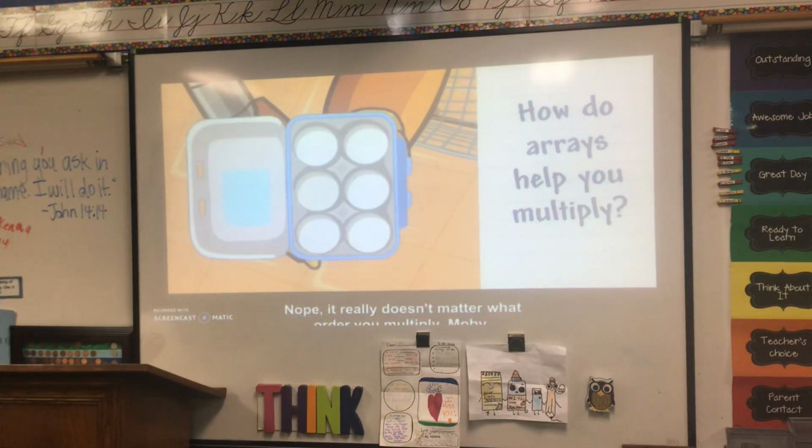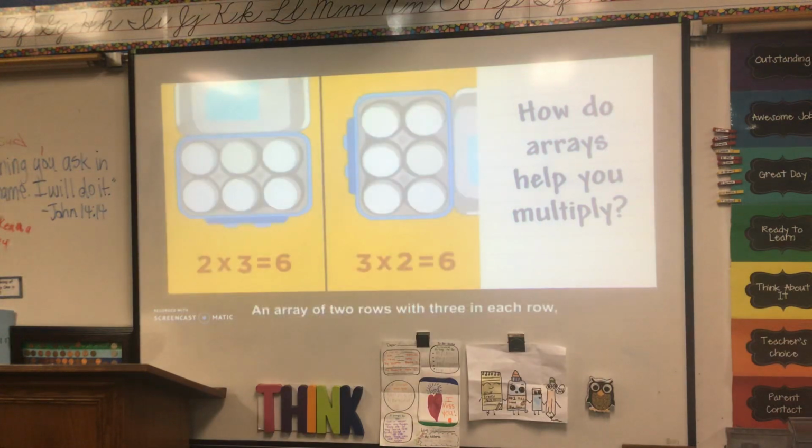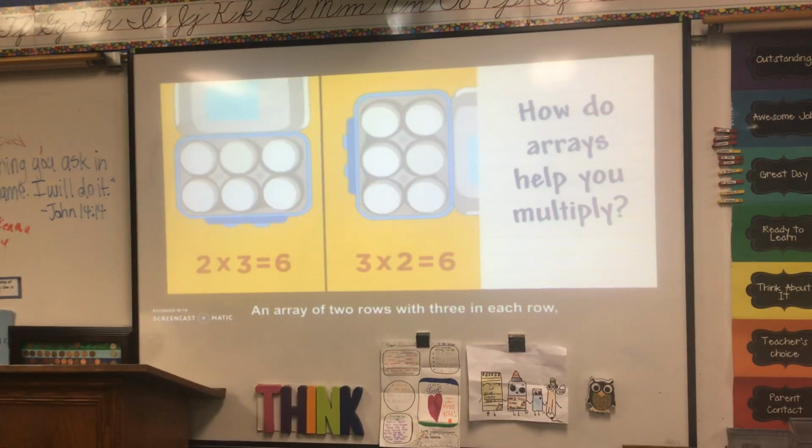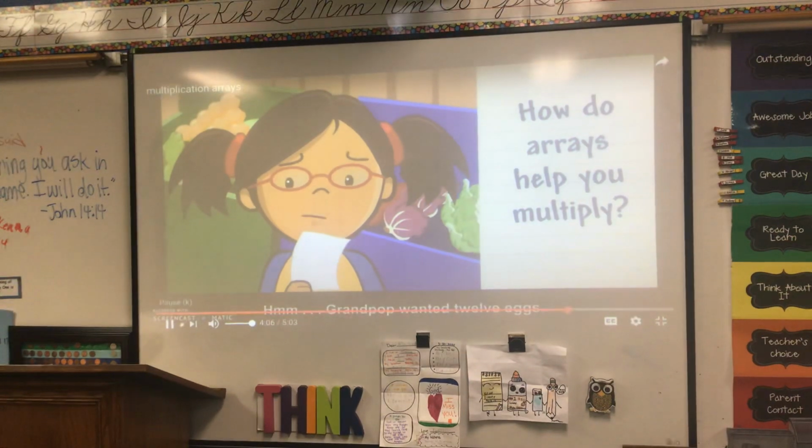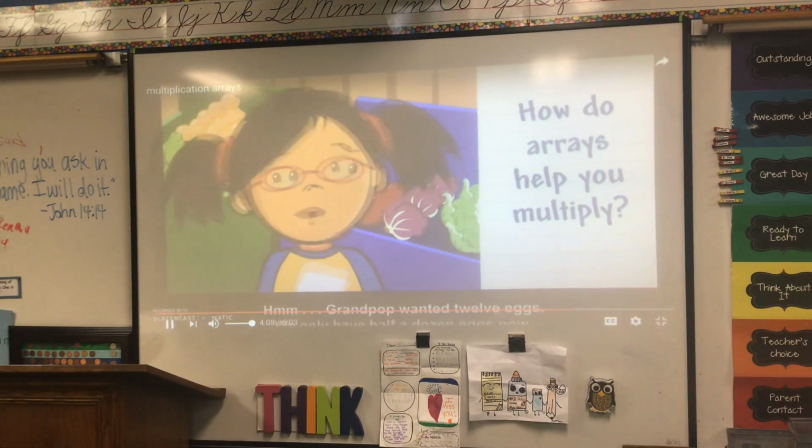Nope, it really doesn't matter what order you multiply, Moby. An array of 2 rows with 3 in each row is the same as an array with 3 rows with 2 in each row. There are still 6 eggs. They're just organized in a different way. Grandpop wanted 12 eggs. We only have half a dozen eggs now.